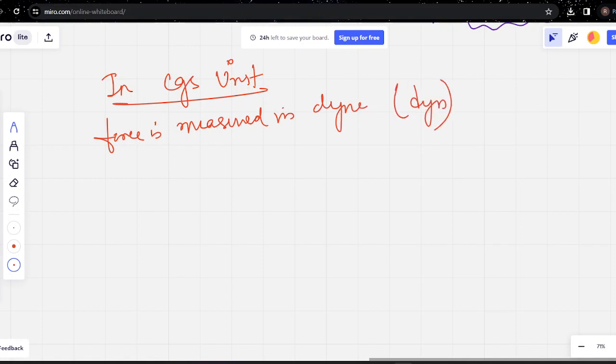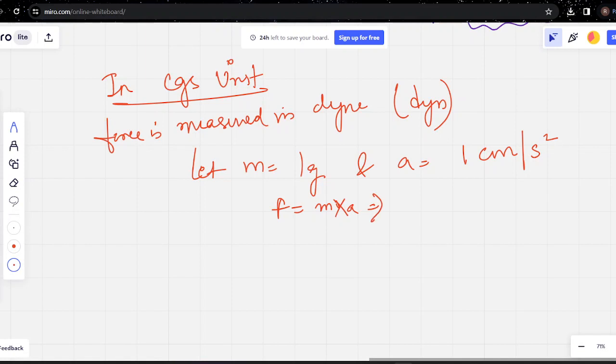Short form is dyn. Here, let's say mass equals 1 gram and acceleration equals 1 centimeter per second square. Then, according to the force formula, m into a would result into 1 gram into 1 centimeter per second square, resulting to 1 dyne.